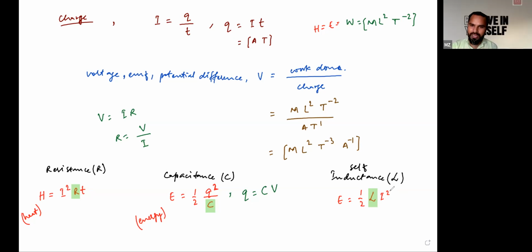Mariam, here we have I square. Check the exponential of t as well.